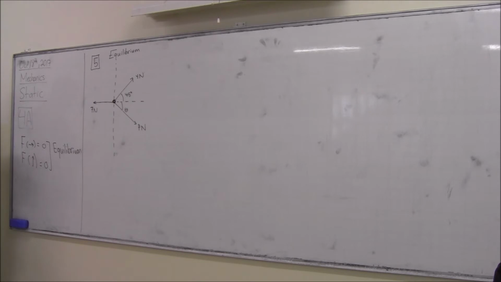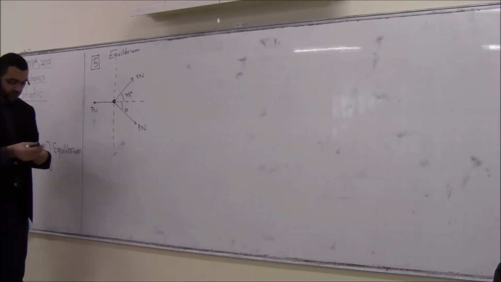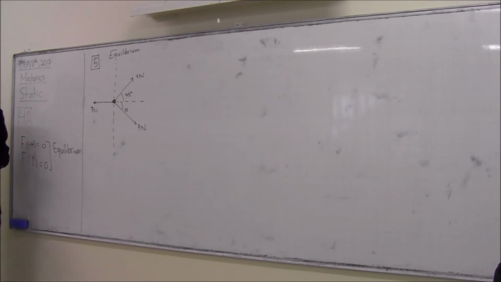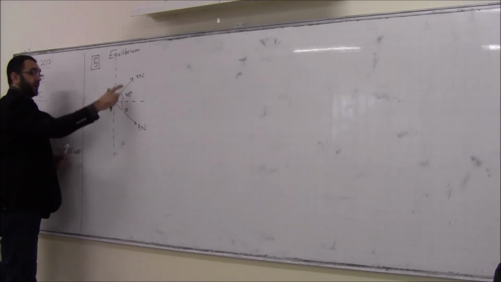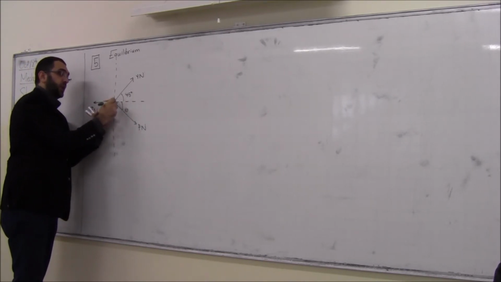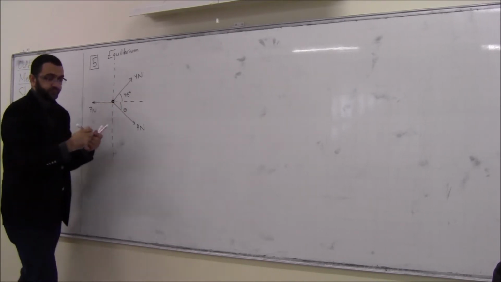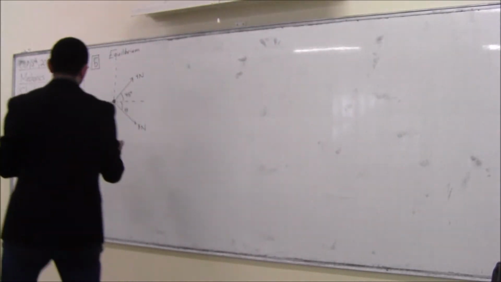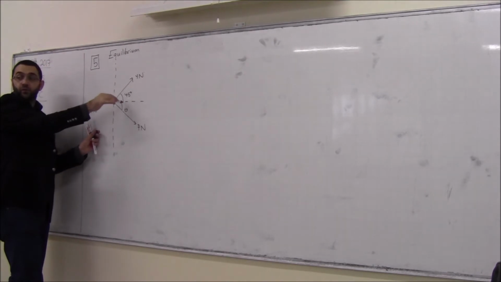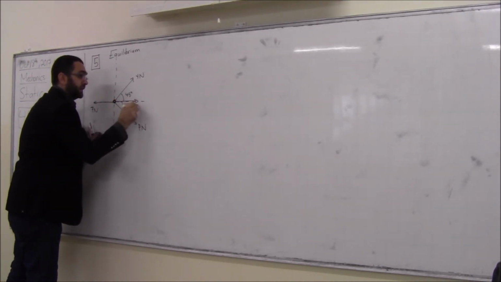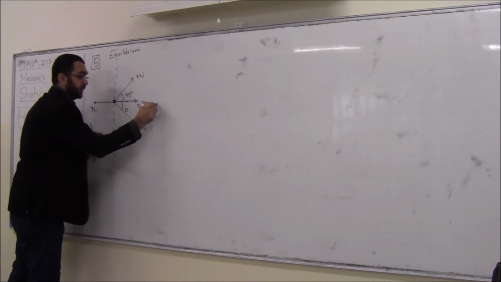So what I have to do, first of all, I have to resolve the forces that don't lie along the x-axis or y-axis. Look again, here we have two forces. This force lies between these axes. The angle is given with the x-axis. So this becomes 4 newtons cosine 45, right?